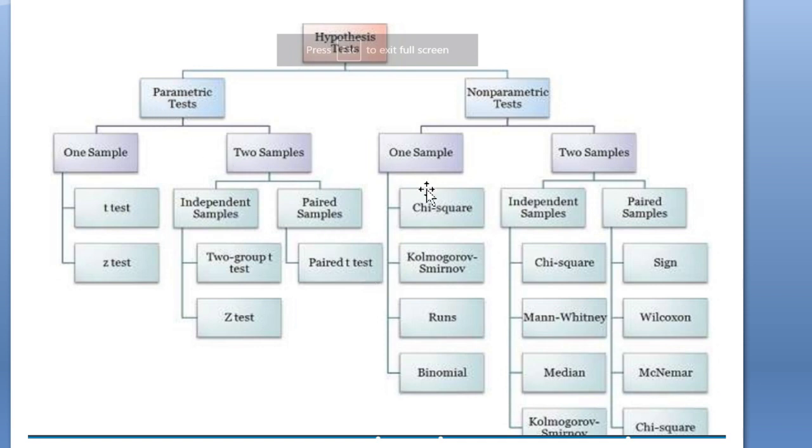Just like the parametric tests, there are some non-parametric tests. If we are using only one sample, the non-parametric tests are the chi-square test, Kolmogorov-Smirnov test, run test, and binomial test.